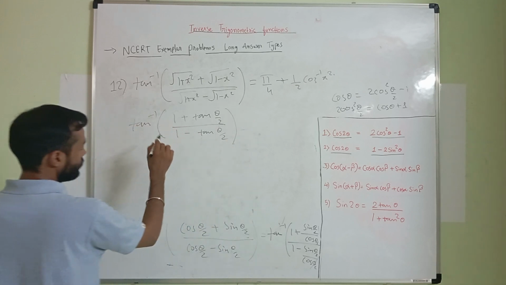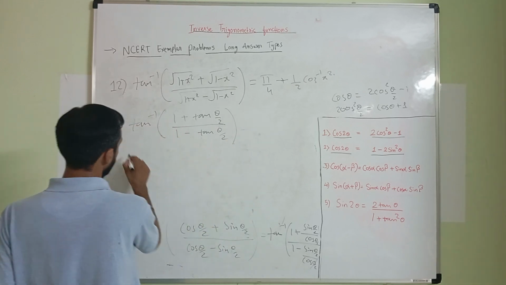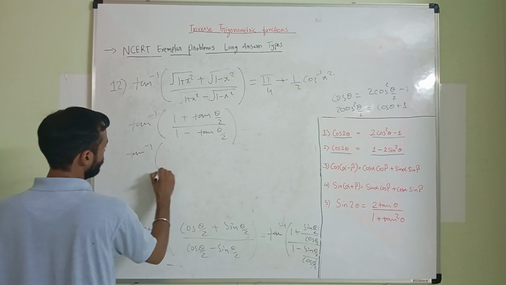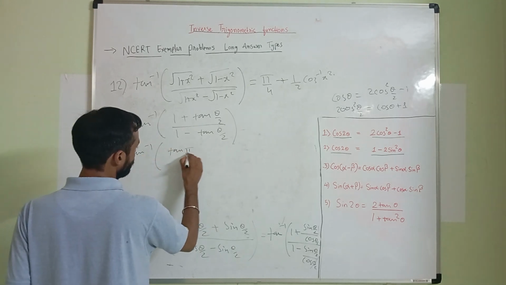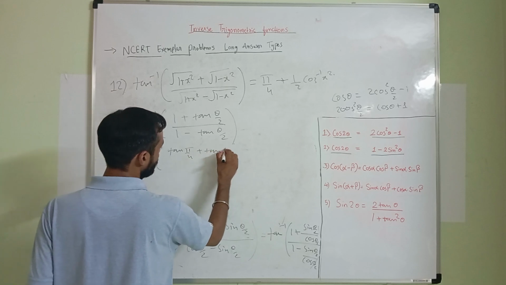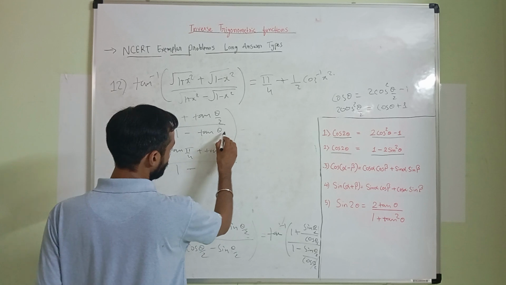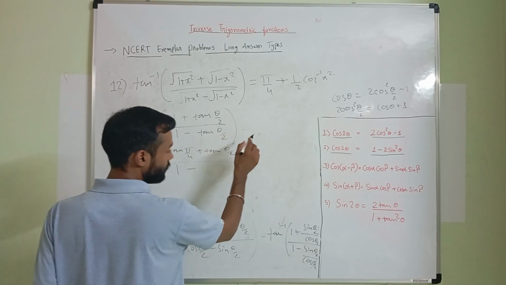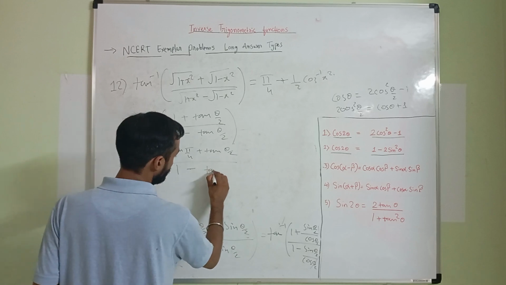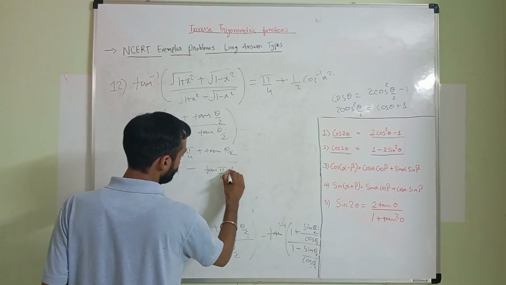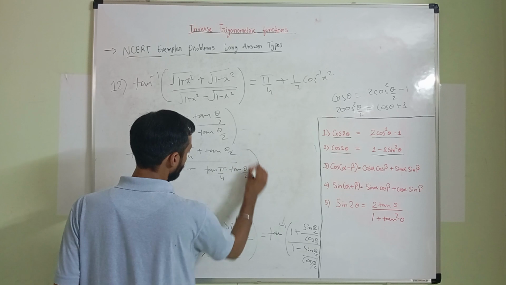Now in place of 1 we can write tan pi by 4. So it will be tan inverse of (tan pi by 4 plus tan theta by 2) upon (1 minus tan pi by 4 into tan theta by 2), where we can assume 1 here.